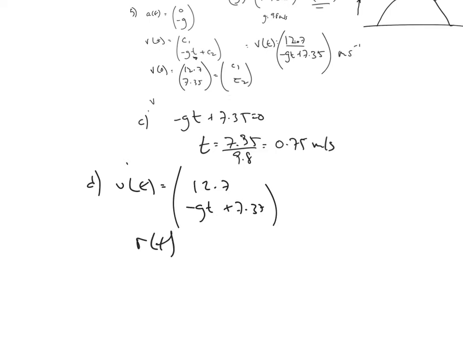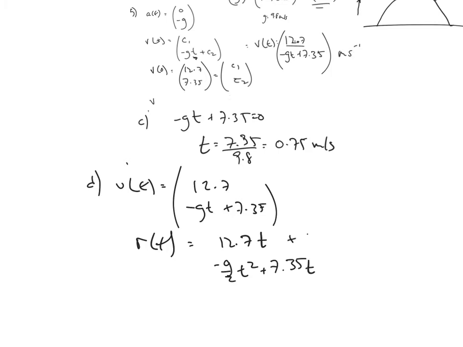So my displacement is 12.7 t, and negative g over 2 t squared plus 7.35 t.